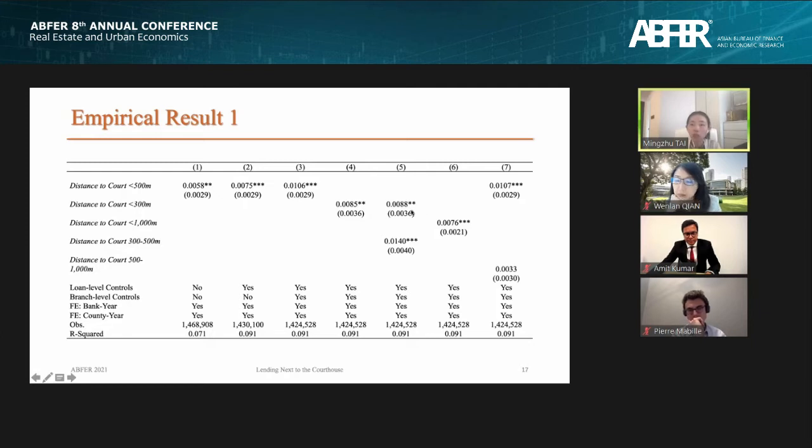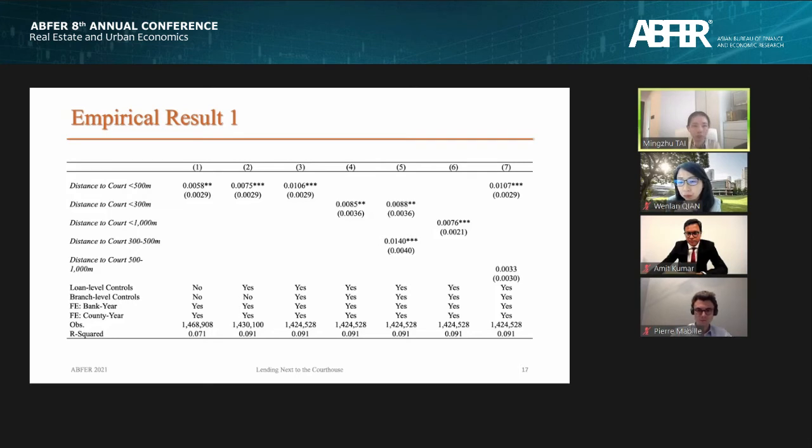But alternatively, if we go beyond 500 meters, say look at the ring from 500 to 1000 meters, the result quickly diminishes. It becomes no longer significant, which again suggests that this result, observed based on the location of the bank branch, should not tell us anything about differences in neighborhood economic fundamentals. Given the small range, it is very likely driven by people's behavior changes when they are aware of the foreclosure events.